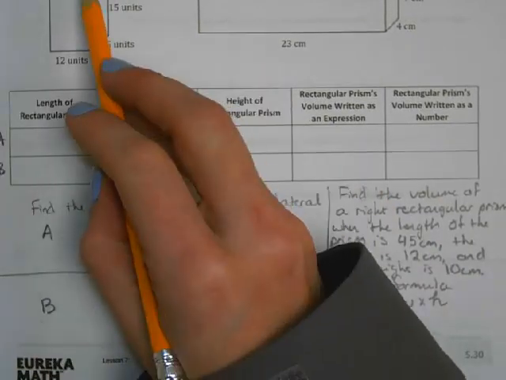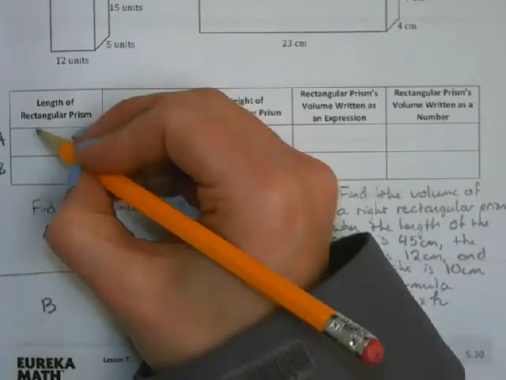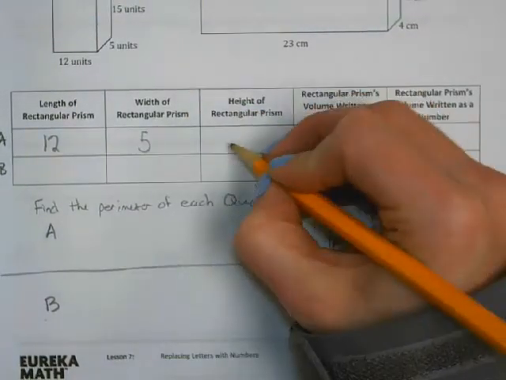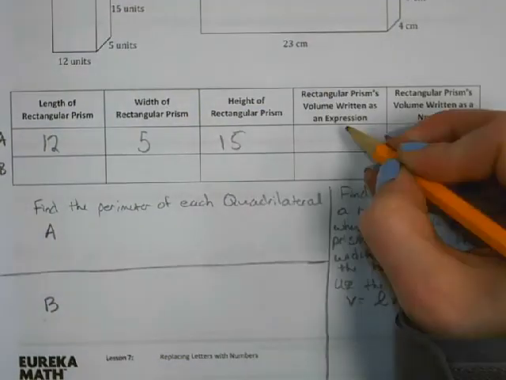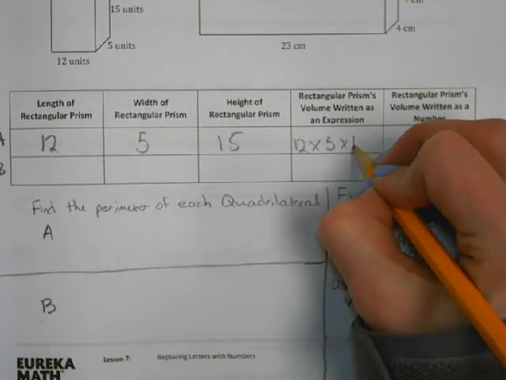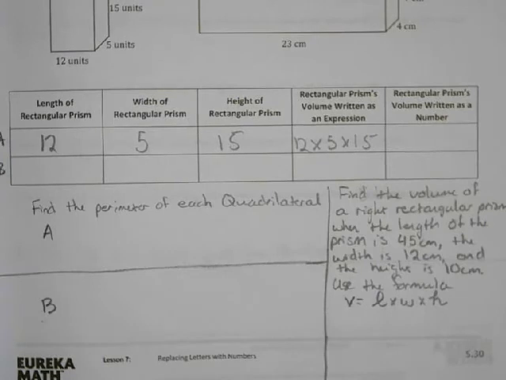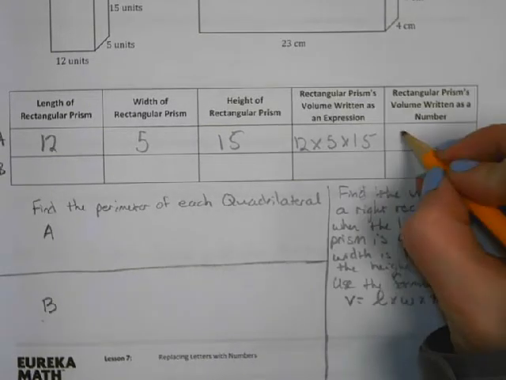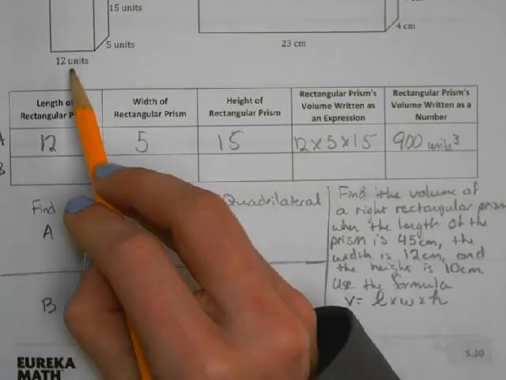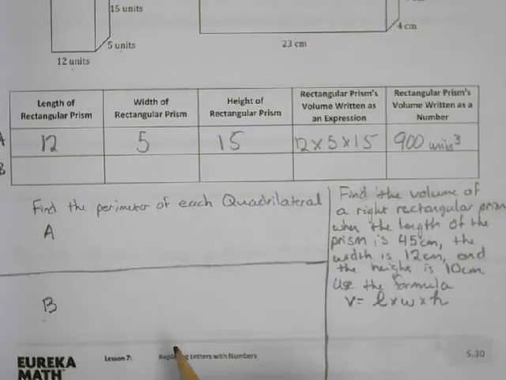All right, so for Prism A, I have a length of 12 units, a width of 5 units, and a height of 15 units. As an expression, this would be 12 times 5 times 15. And if we solve that, you get 900 cubic units because I had to multiply 3 of them by themselves.